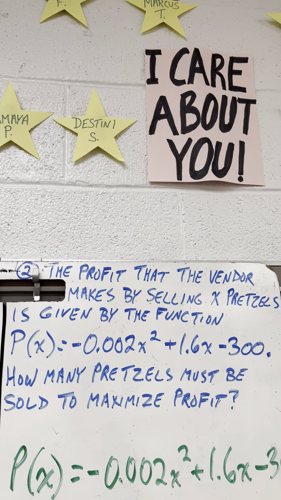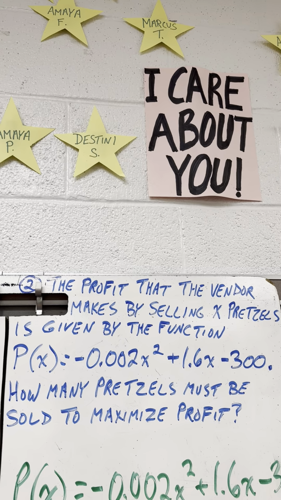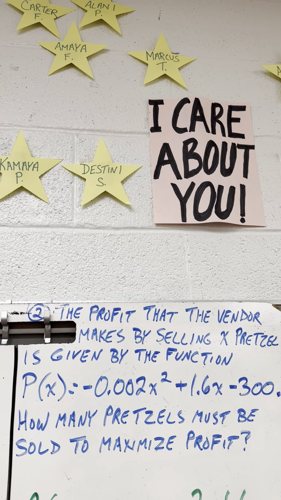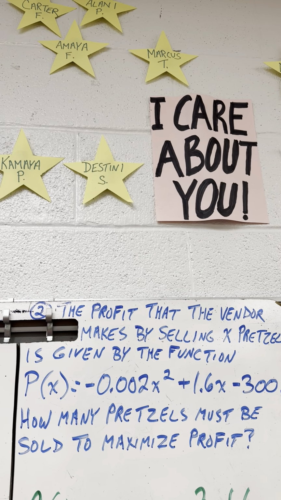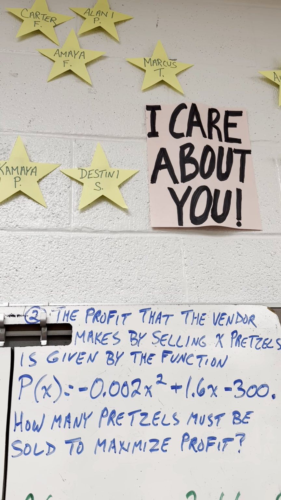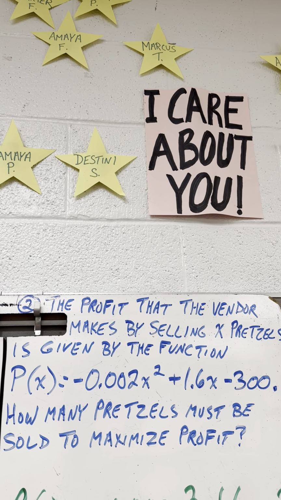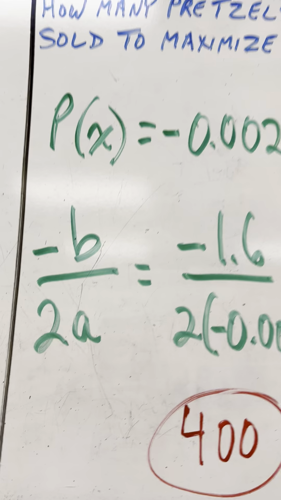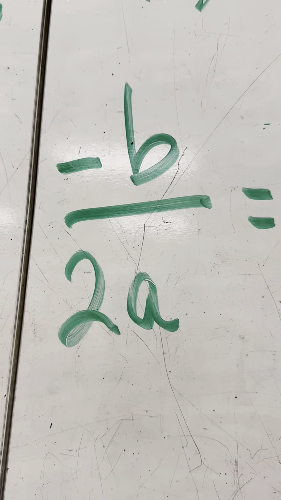The profit that the vendor makes by selling x pretzels is given by the function negative 0.002x squared plus 1.6x minus 300. How many pretzels must be sold to maximize profit? Again, you're going to do negative b over 2a.